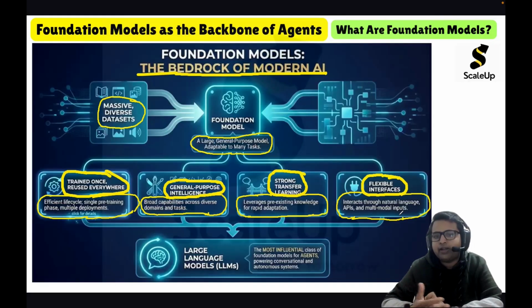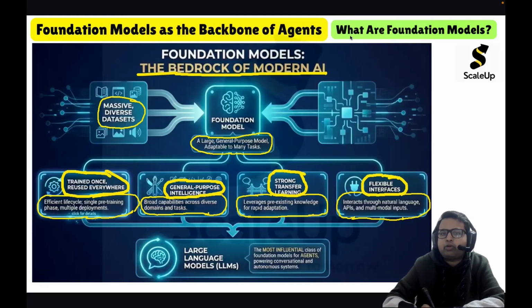So these are very powerful key characteristics of foundation models: train once, reuse everywhere, general purpose intelligence, strong transfer learning, and flexible interfaces.